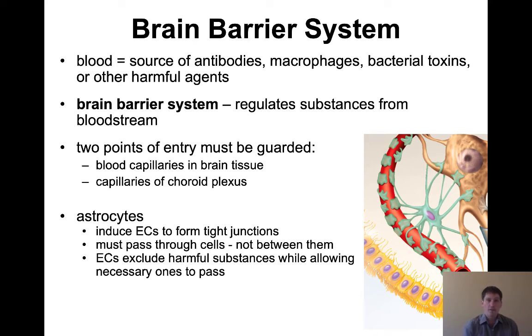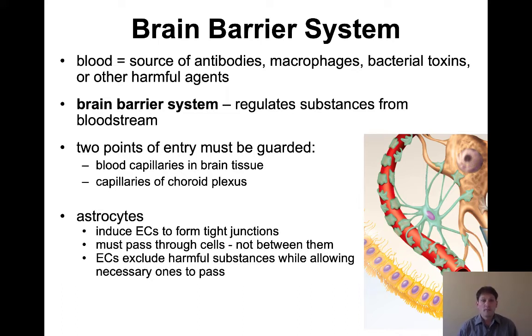So again, these astrocytes are inducing those endothelial cells to form tight junctions, and so that's causing any substance to move through those cells and not between them. And this way we can reduce the likelihood of substances moving through.